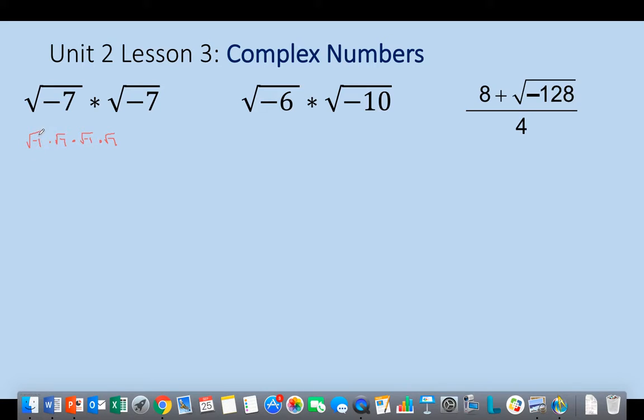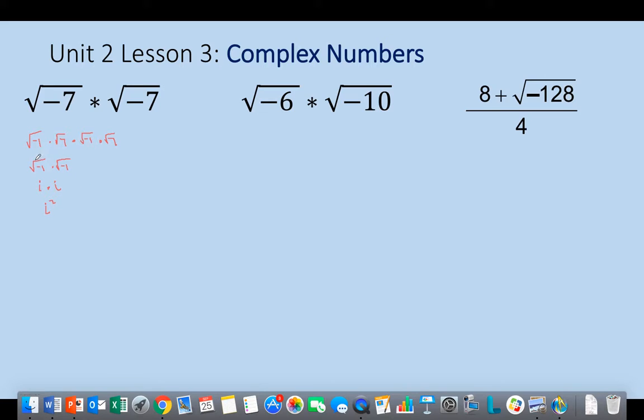The square root of negative 1 times the square root of negative 1. If I were to put this back together, it'd be a little bit like saying the square root of negative 1 squared, in which case you just get negative 1. Or I could think of it as i times i, which would just be i squared.